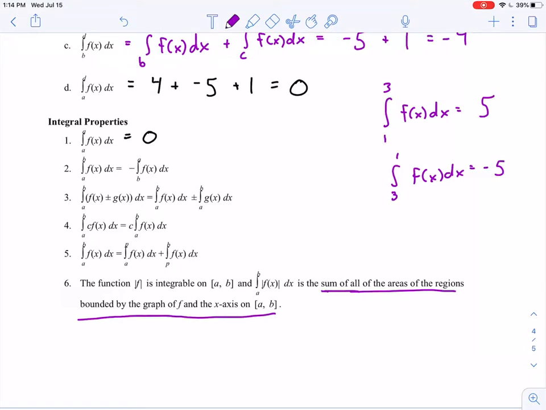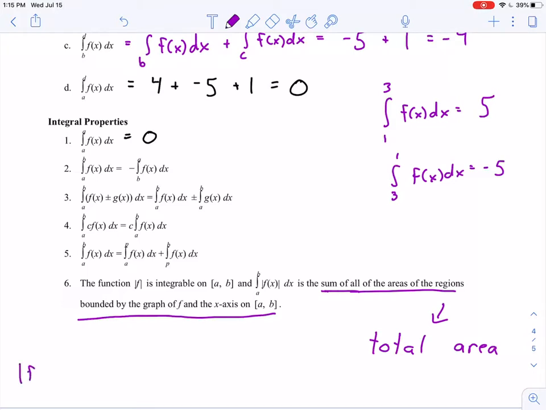So notice we're saying the sum of all the areas of the regions. Doesn't matter if it's above the x-axis, doesn't matter if it's below the x-axis. Here you can think about this as total area. So now we're just counting all area as positive. It doesn't matter whether that area falls above the x-axis or below the x-axis.